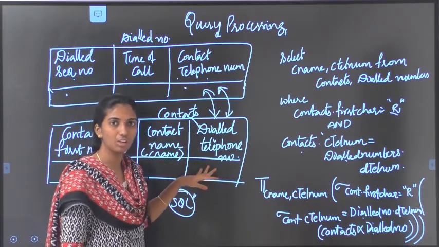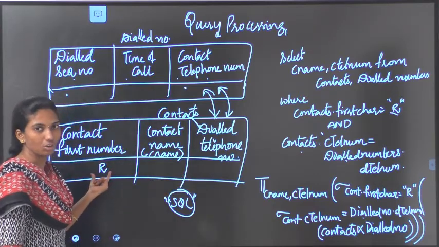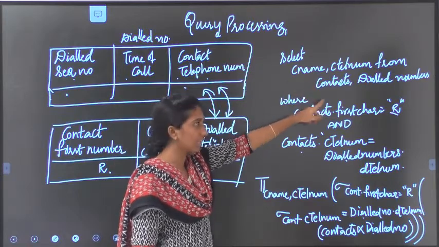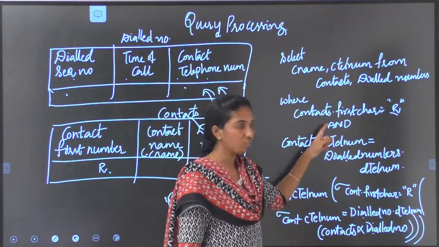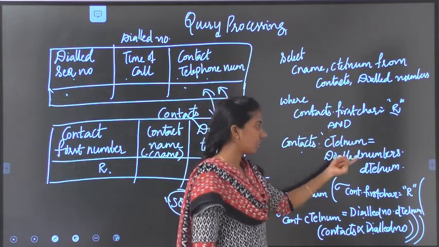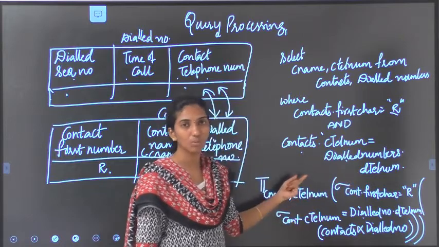After matching, I need to verify whether the first character starts with R or not. So this is my query: select CNAME, CTELNUM from contacts, dial numbers where contacts dot first char equal to R and contacts dot CTELNUM equal to dial numbers dot CTELNUM. This is my normal SQL query.